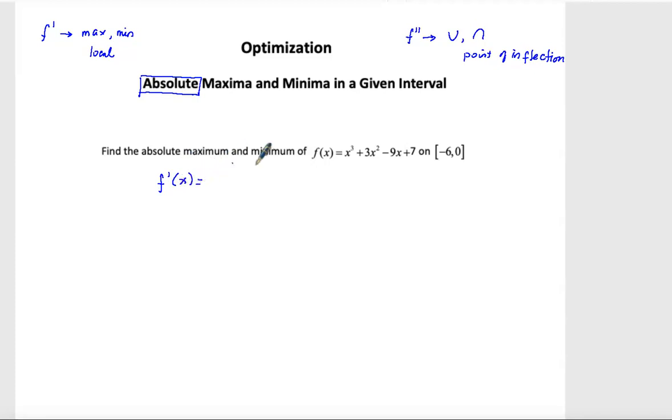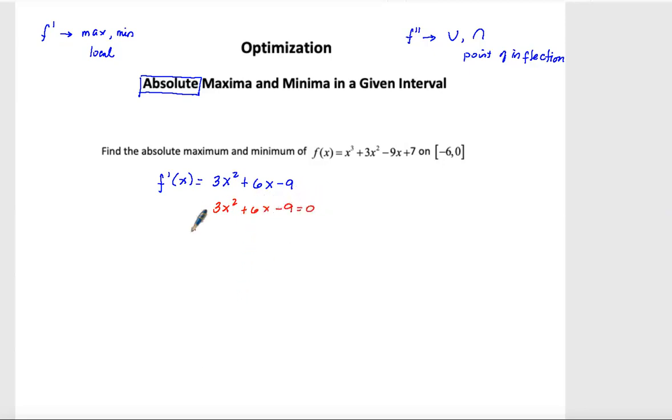So we get f prime of x, and the derivative of f of x is 3x squared plus 6x minus 9. Now remember that when you find the maximum or the minimum, we have to set the derivative equal to 0. So we take this derivative, 3x squared plus 6x minus 9, and set it equal to 0.